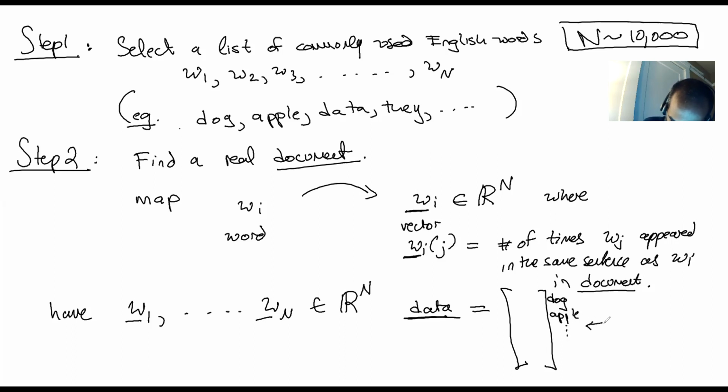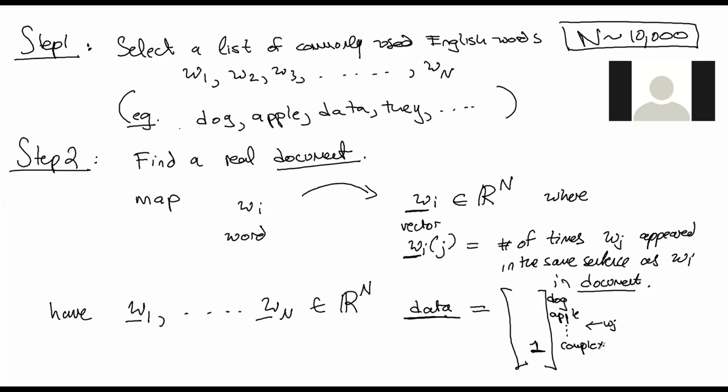So these are the wjs. And so in the position complex, I put a 1 because in my document, data and complex appeared in one sentence together. Does that answer the question? Yeah.